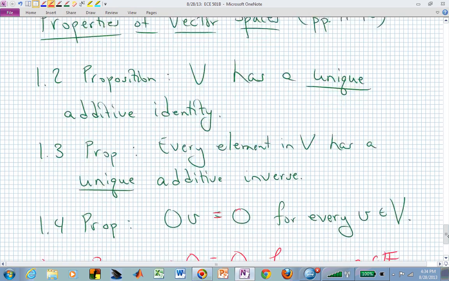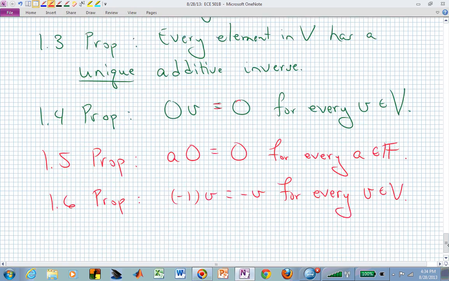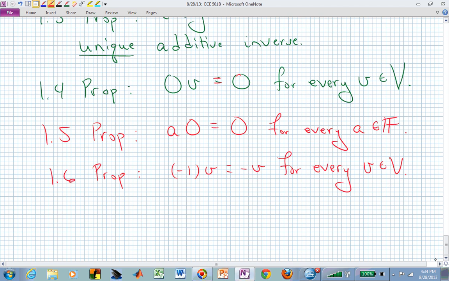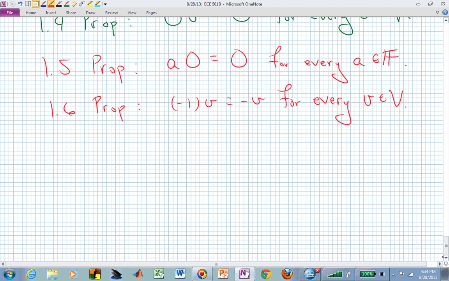And all of these propositions, 1.2 through 1.6, can be proved from the original properties of the vector space. And so we don't have to include these in our definition of vector space. We can derive these results from the original vector space.